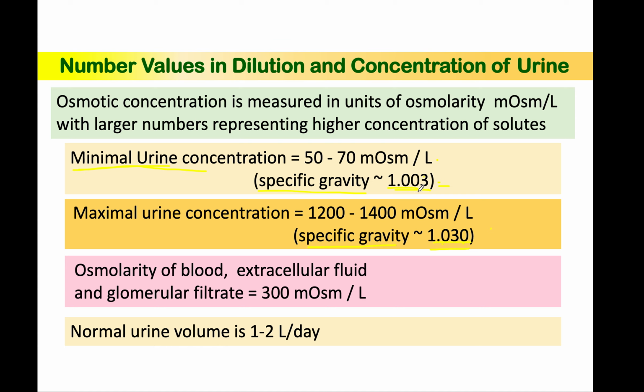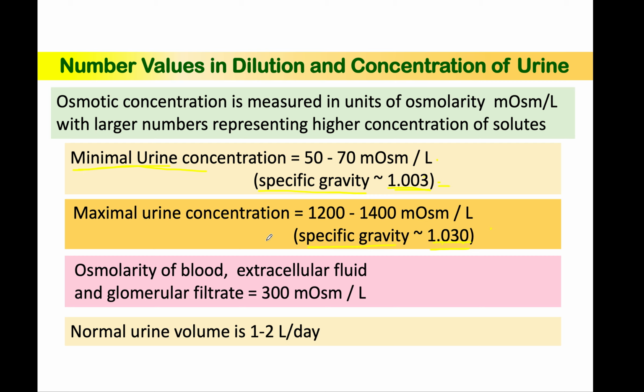Below 1.003, if it approaches 1, it means that it's almost like distilled water, so the kidneys are not doing their job in excreting wastes. And if it is too concentrated, it means that the kidneys are producing too much waste.